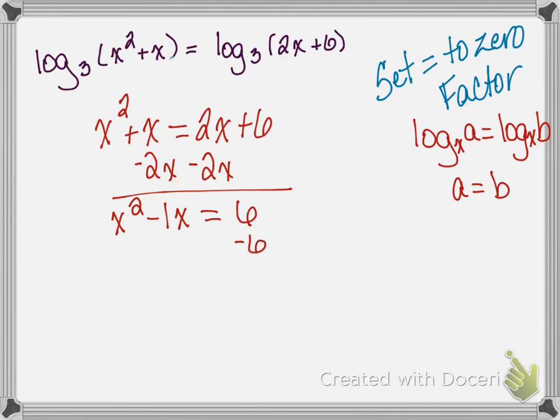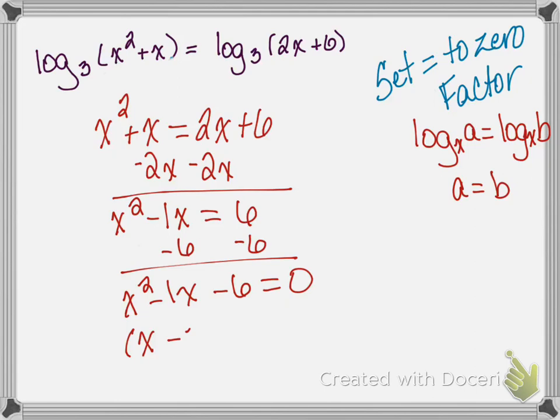Good. Subtract 6. So I have x squared minus 1x minus 6 equals 0. Okay. This factors to x minus 3 and x plus 2.